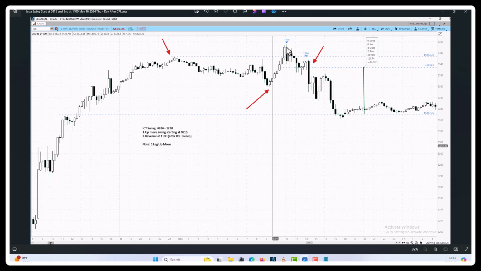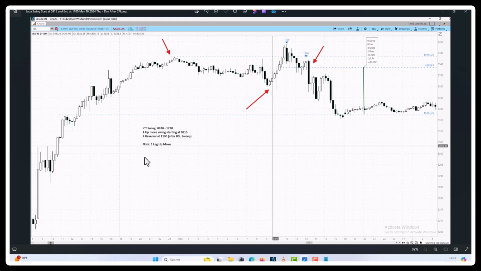But in this case, it's a short setup. If we go in right here, we have a huge swing, or if we go late on the PM session, we still have a huge move.